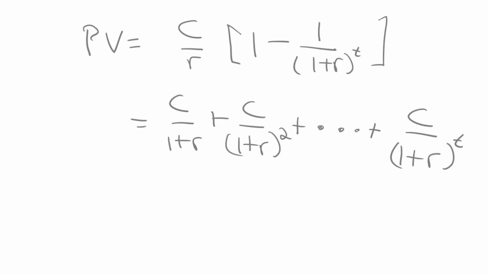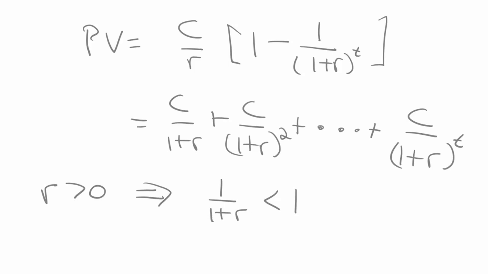So now we're interested in the limit as T goes to infinity. Let's think about this first equation. If r is bigger than 0, what does that tell us? That tells us that 1 over 1 plus r is less than 1. We're actually discounting this.